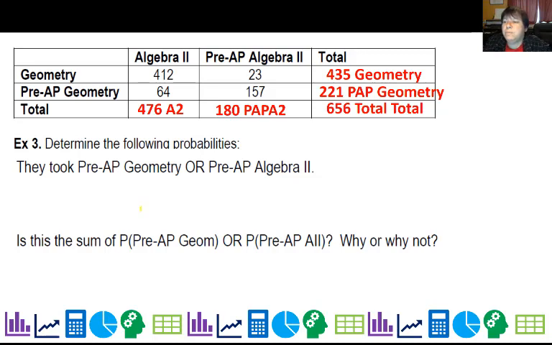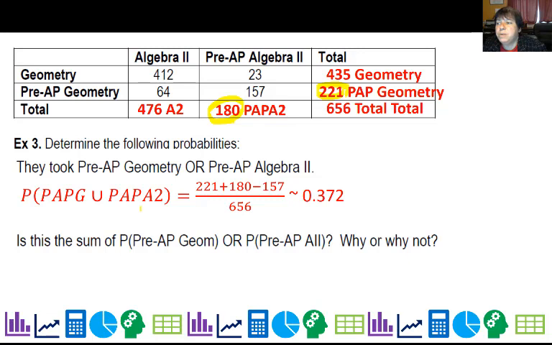Now, the probability they took pre-AP Geometry or pre-AP Algebra 2. So there's pre-AP Geometry, there's pre-AP Algebra 2. I can add both of those and subtract the overlap, and I get that probability. Why doesn't the sum of the probabilities work? Well, here I'm getting 0.611 if I add the probabilities from before when we calculated them.